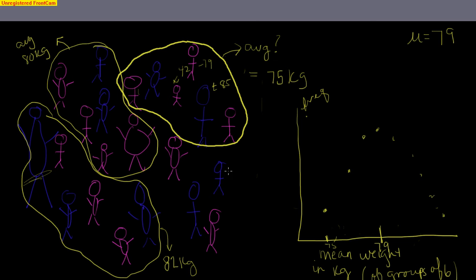But look what happens to our distribution. It becomes normal. Look at that. And that's your central limit theorem. When you start taking groups of data rather than individual data, the means of that data become normal, which is very fascinating.